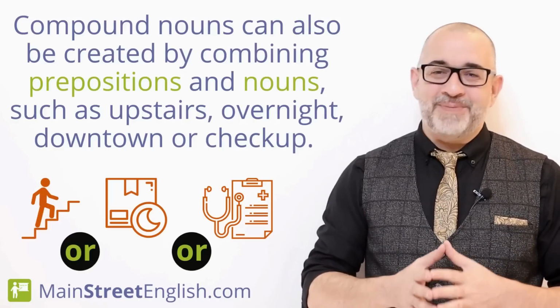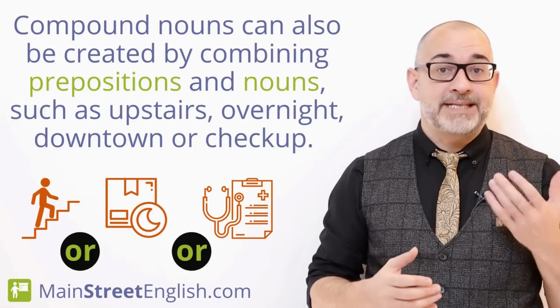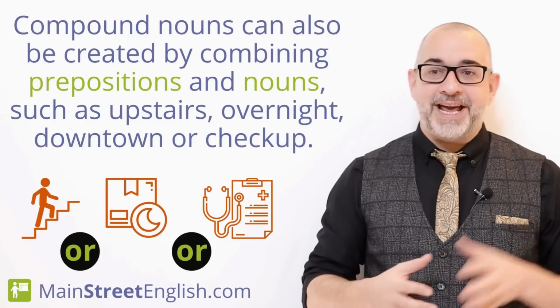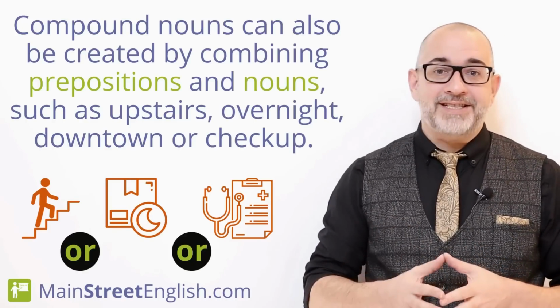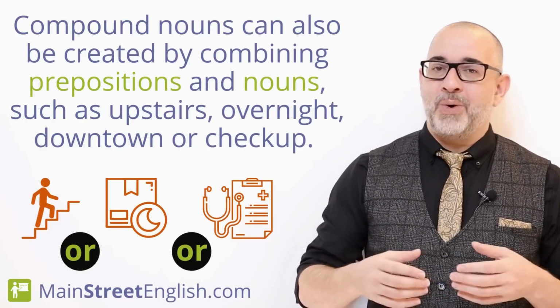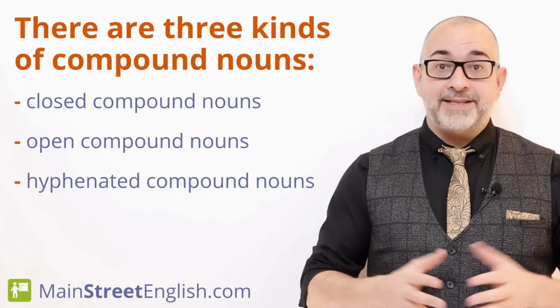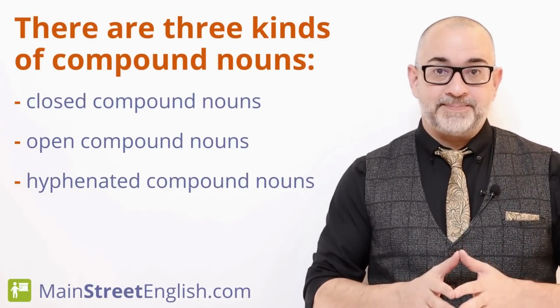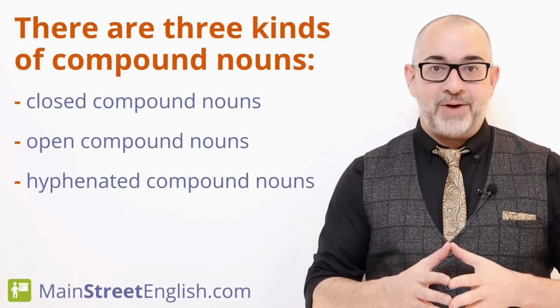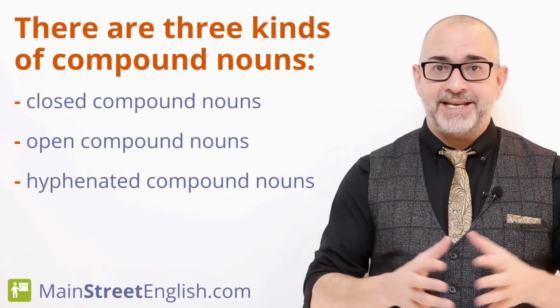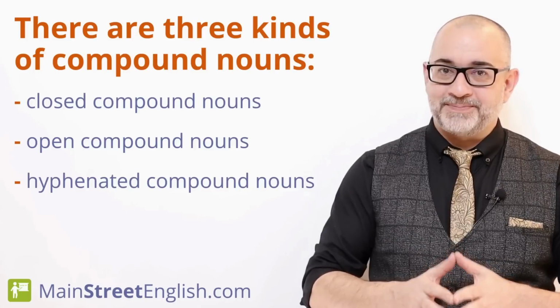Compound nouns can also be created by combining prepositions and nouns, such as upstairs, overnight, downtown, or checkup. There are three kinds of compound nouns: closed compound nouns, open compound nouns, and hyphenated compound nouns.